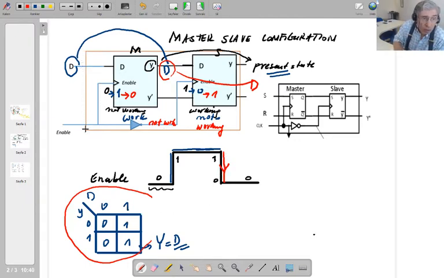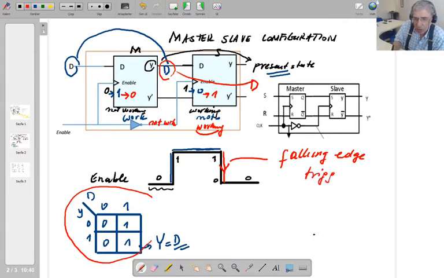If I consider this brown framed circuit, this circuit worked on this time interval. That means falling edge triggered. So this is what I expected, isn't it? Falling edge or negative edge triggered.